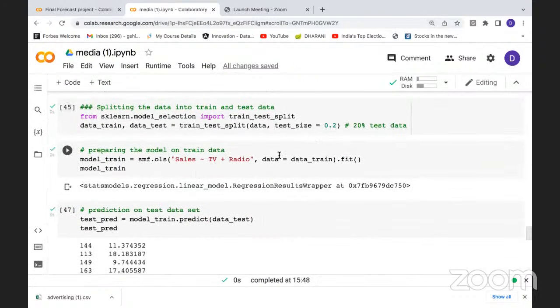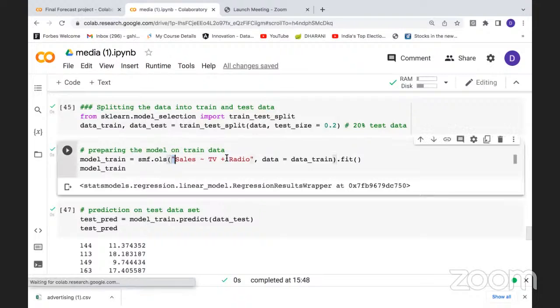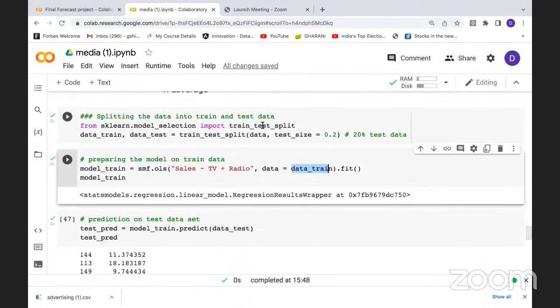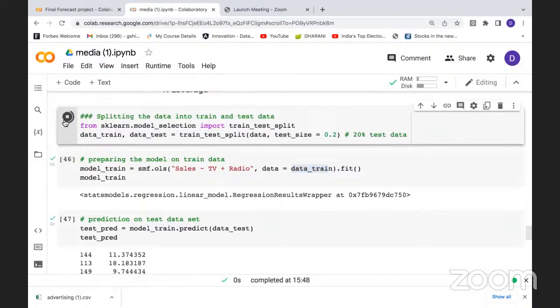Okay, the split is 80-20 ratio here. This is my final model, but the data here I'm taking is the train data. So 20% of the data would come in test, and 80% would come in the train data.